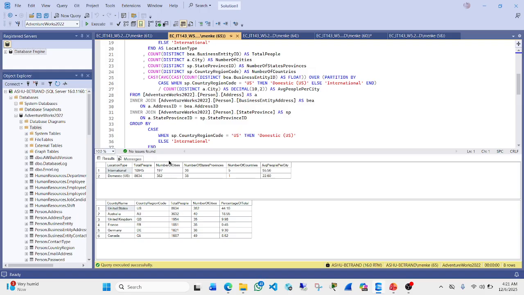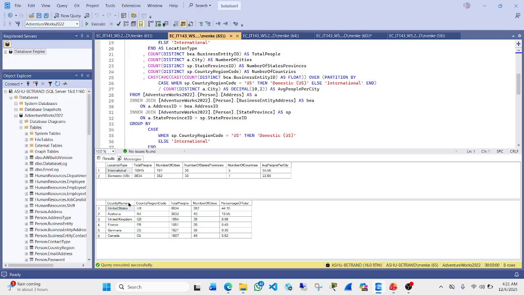And the number of cities. So this helps human resources planners to know whether to focus on domestic or international strategies. It helps them know which country deserves more attention.